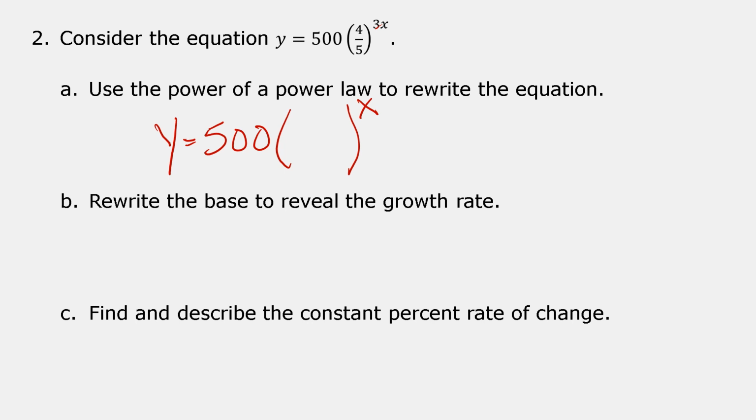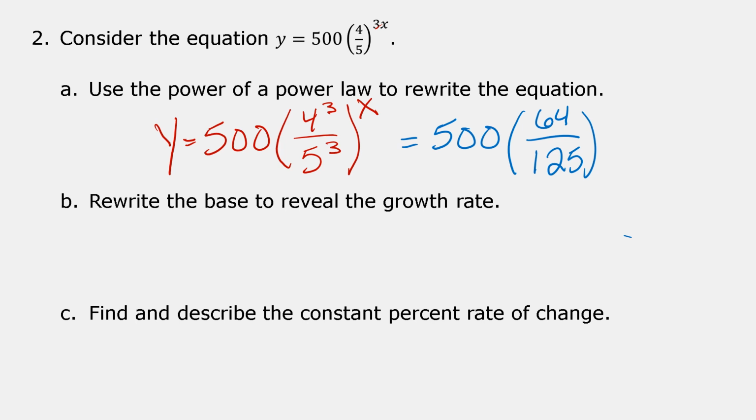We only want the x. So when we raise a fraction to an exponent, we have to raise the top of the fraction to the 3rd power and the bottom of the fraction to the 3rd power. So we have to do 4 to the 3rd power and 5 to the 3rd power. So if we change this, it would be 500 times 4 cubed is 64, 5 cubed is 125.